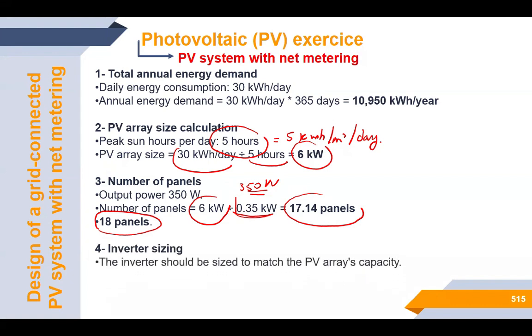Sometimes we can oversize it by about 10% of the capacity of the PV panel. But generally, in this exercise, we will take the same power as the PV system or the PV array. Let's take the inverter power of 6 kilowatts.